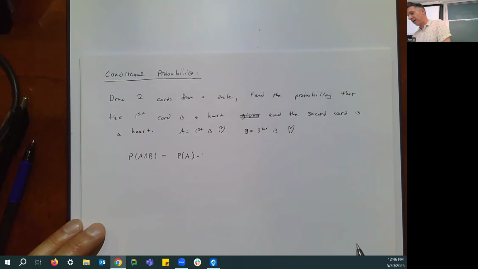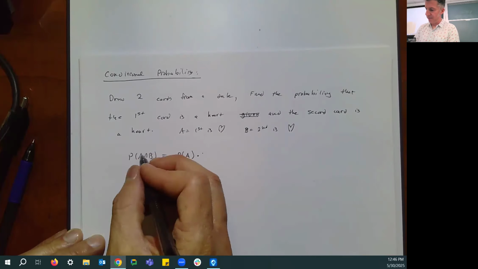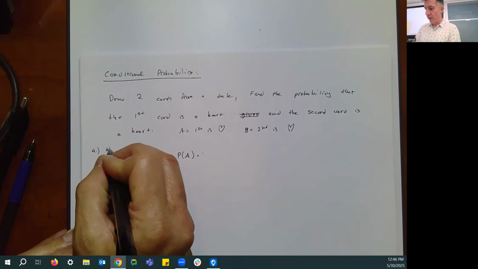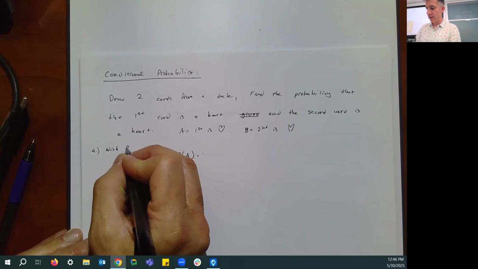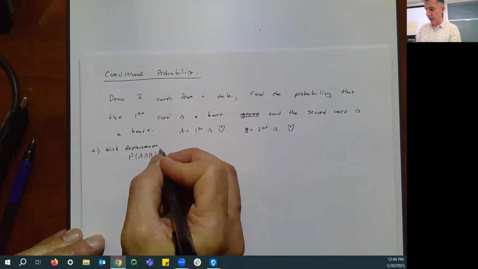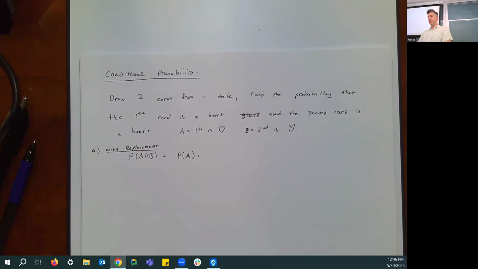Yeah, I keep making little mistakes here. Let me add a caveat here. So part A, the caveat is with replacement, meaning that before you draw the second card, you replace the deck with the first card you drew. This one's easy to find. This is why we're doing it first.